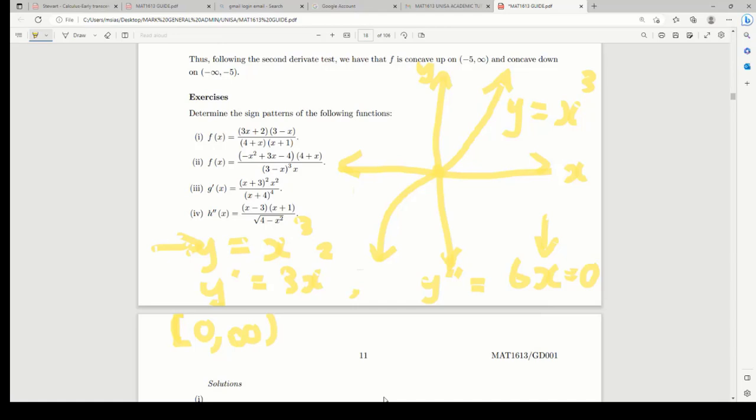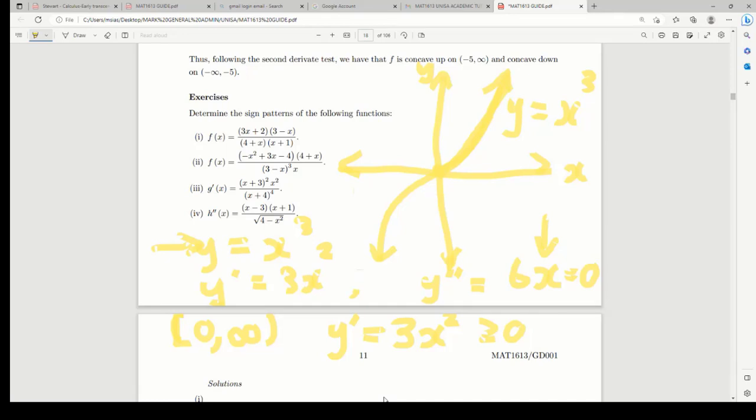If you look at the same function y equal to x cubed, the same cubic polynomial, and get the first derivative, you get 3x squared. This value is greater or equal to 0, which means it's rising for this interval 0 up to infinity.